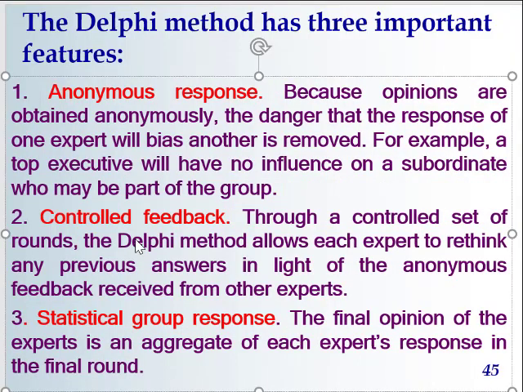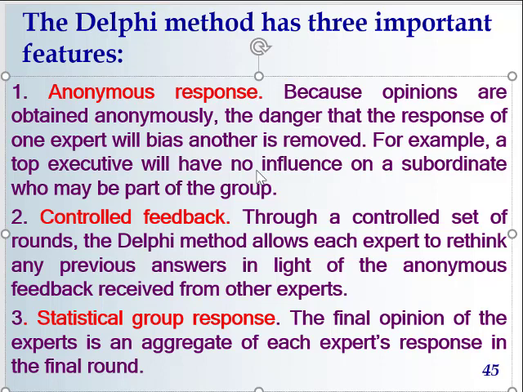Now there are three important features of the Delphi method. First is anonymity. This is the heart of it, because when you give the responses, you are not putting a name with them. So the expert doesn't know whose response this is, because maybe it's your favorite person and you may take only his response, or maybe you have a bias and you don't like another person even though his response was good.